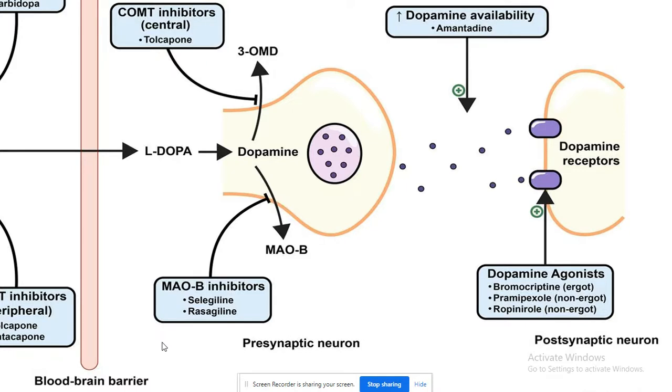We want dopamine first to cross so that it can go to the postsynaptic neuron. Before it can cross, there are possibilities that it can be converted by MAO-B. So we have to administer drugs which are going to cross the blood-brain barrier as well as inhibit this conversion.